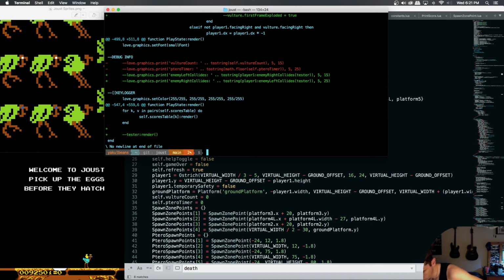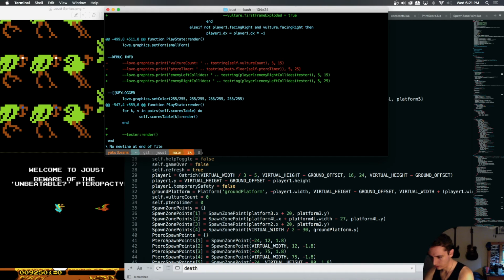Okay, I just need to check out the specific commit. So if I do a git pull, I've got the last commit, which is actually just what we wanted to test.